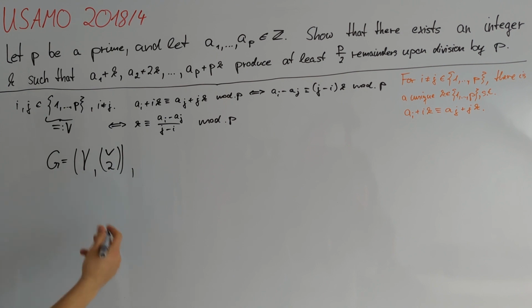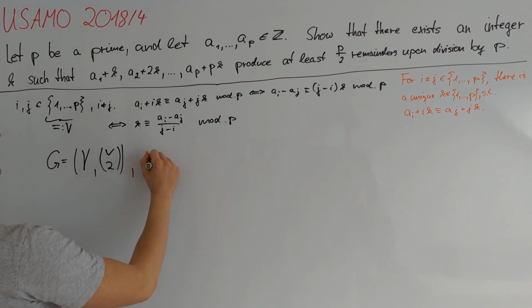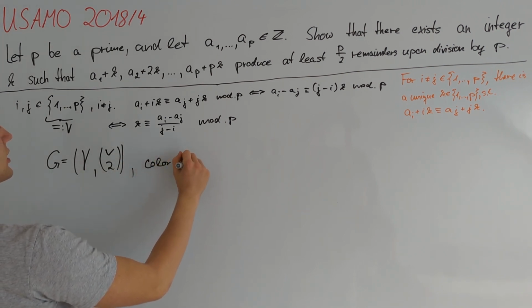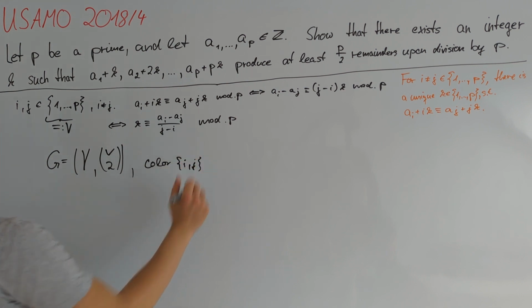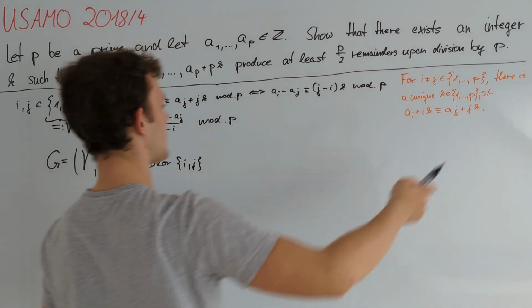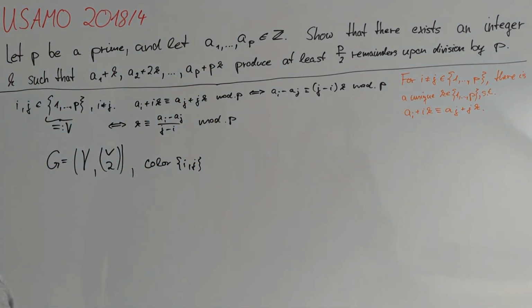And we want to color any edge, so we color any edge i, j with the unique integer k in the set V again, but now considered as a set of colors.